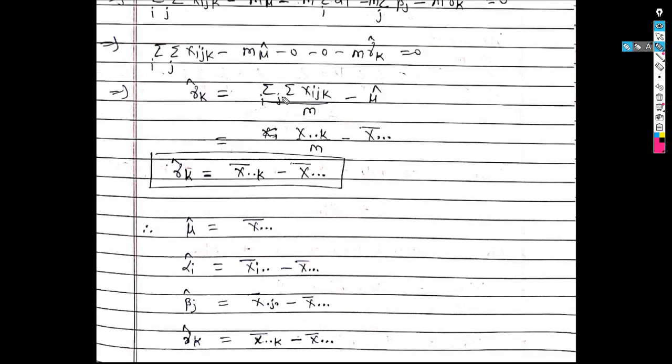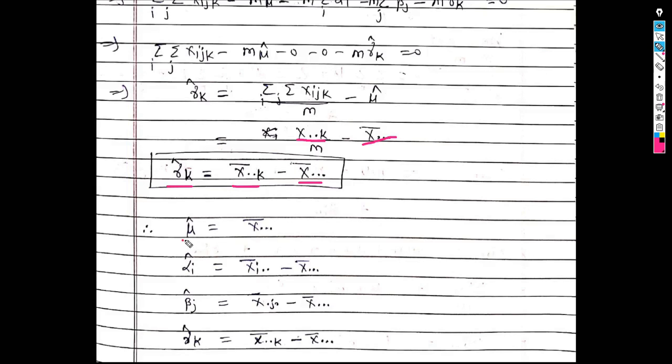The kth treatment total is denoted by x dot dot k, so x dot dot k upon m is the kth treatment mean, and mu hat is nothing but the grand mean, x dot dot dot bar. So in this way we get gamma k hat equals x dot dot k bar minus x dot dot dot bar, that is, the kth treatment mean minus the grand mean.